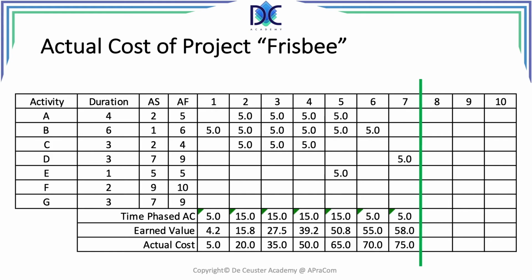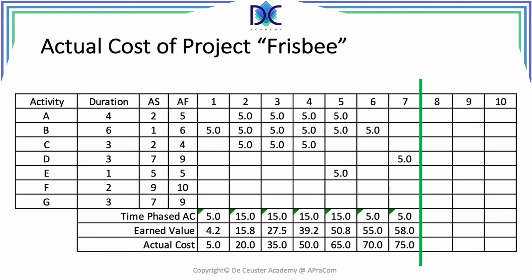Below we see the time phased actual cost, the earned value which I took from the previous slide, and the actual cost. Here we can already have a look at the cost. We see in period 1 we earned a value of 4.2 and our cost was 5.0.